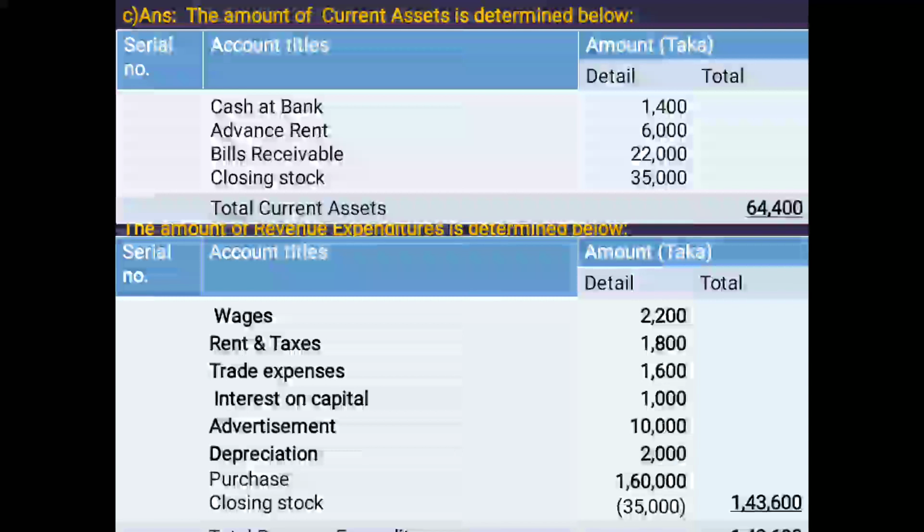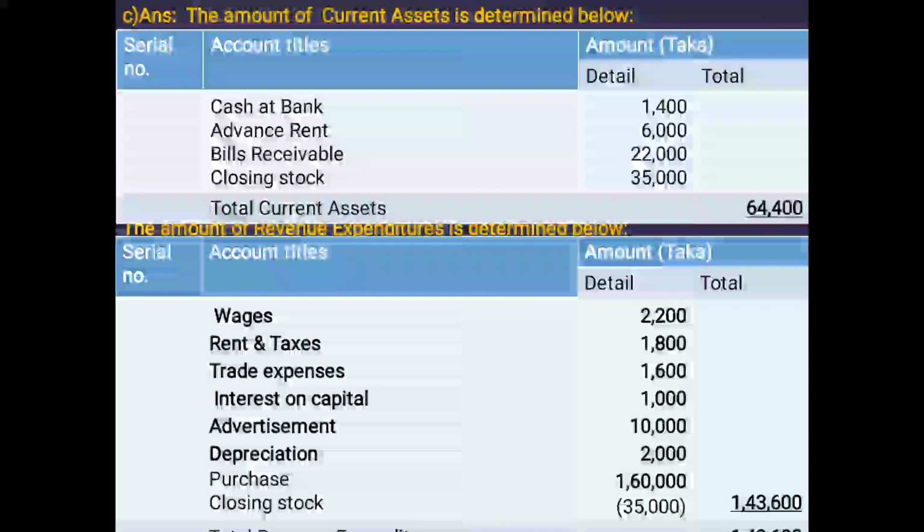Now we can go for finding out the revenue expenditures. The same format is given: serial number, account title, amount, taka, detail, total. Wages is an expense, that is revenue expenditure.